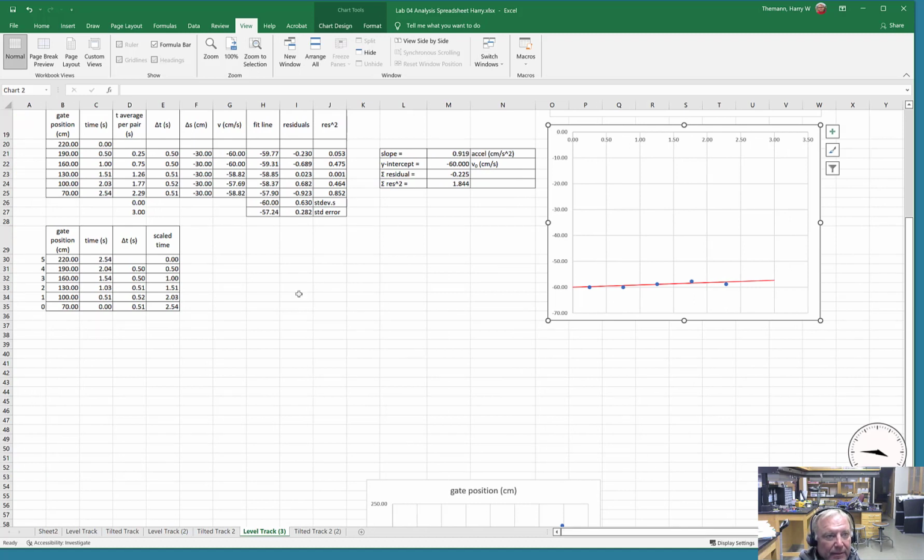let's take a look. At time 0, well, in this case, it's time 0.5, and it was going from 220 to 190. My average velocity there was minus 60. And you see that it's slowing down.